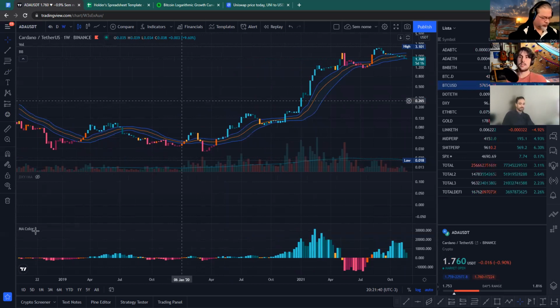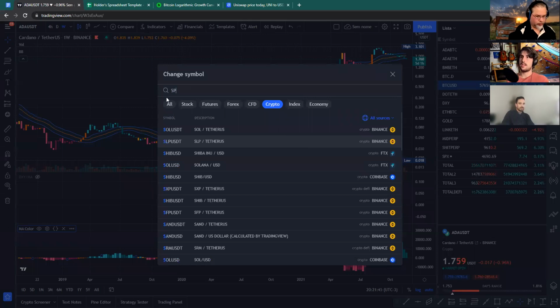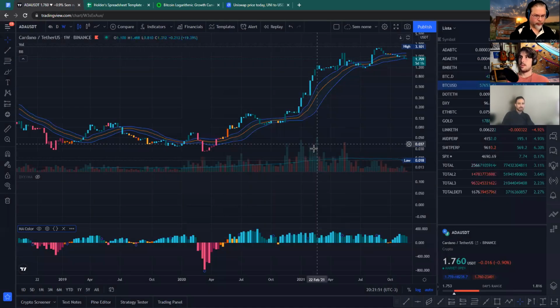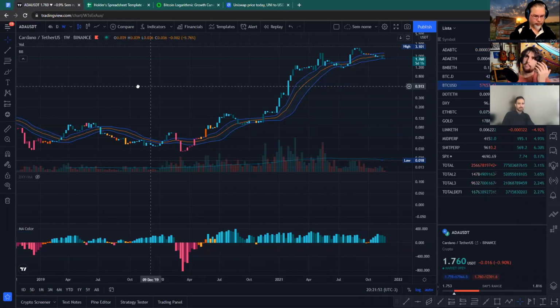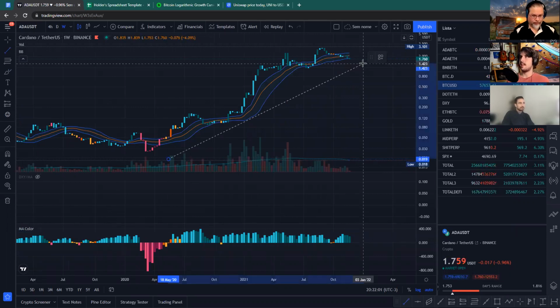So for example, let's say I want to see the trend in the stock market. So I go to the SPX. Well, it's not as good to look at that, because if you go to the stock market, it's basically only doing this, right? It's basically a line up and to the right.